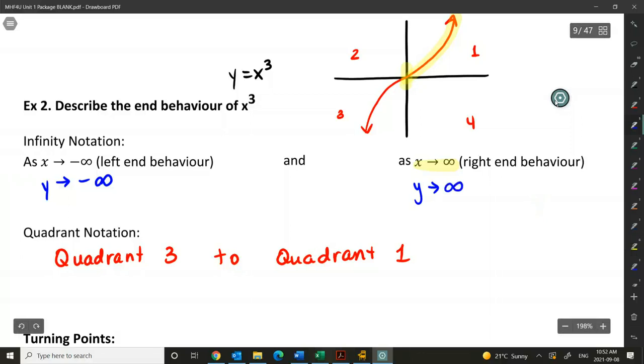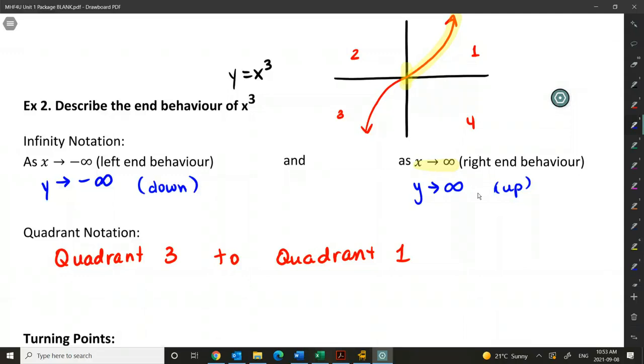Y approaches positive infinity because my right end is going up. So as I go toward the right, I'm going up, and as I go toward the left from the center, I'm going down. Don't complicate it in your mind. I know this looks kind of weird because we're using all these different infinities, but it's really just: tell me if it goes up or down. That's it.